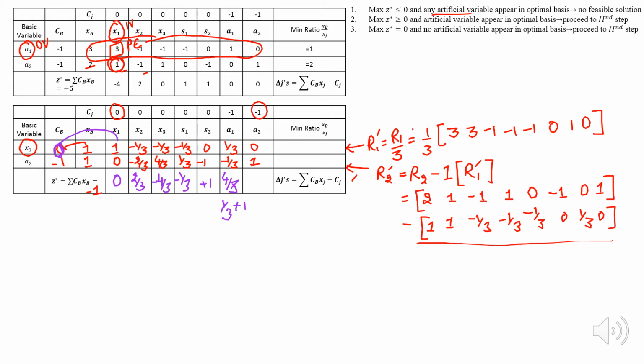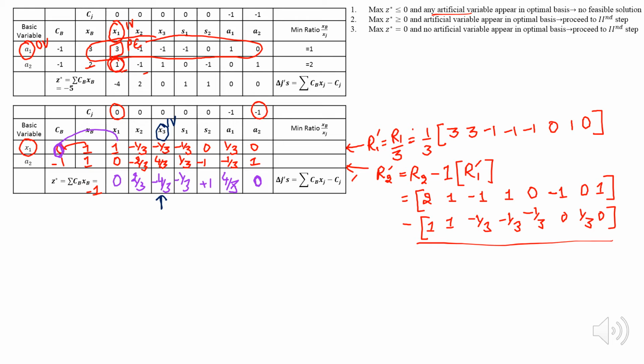And similarly you will calculate that delta z over here is 0. So again you will see which is the most negative delta j. It is minus 4 by 3. So x3 is now my incoming variable.